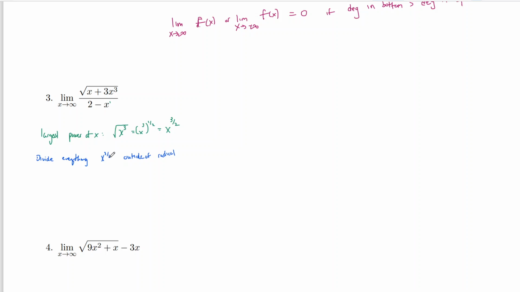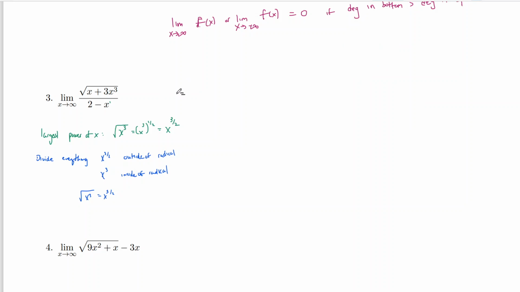So outside the square root, it's x to the 3/2, but inside the square root, we would divide by x cubed. And the reason for that is exactly because the square root of x cubed is x to the 3/2. And it'll hopefully make more sense when I actually write down the steps.